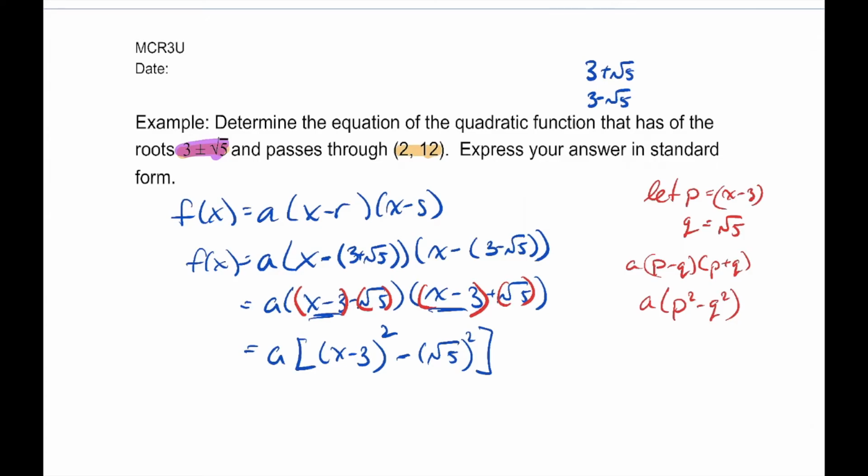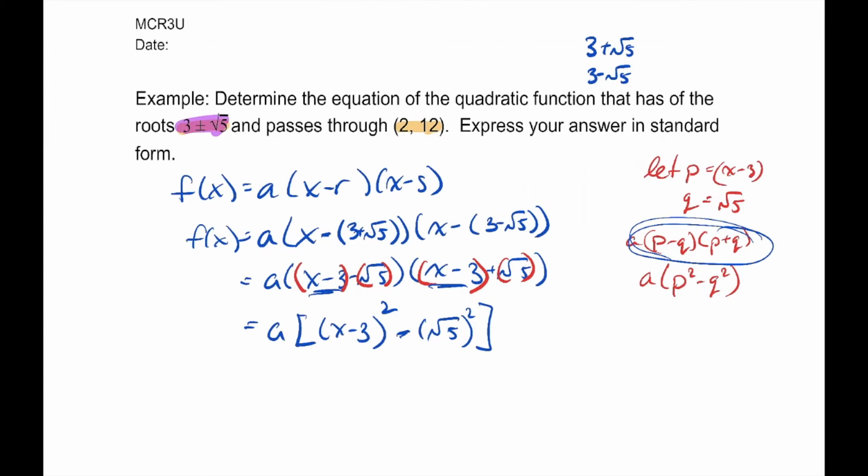Everything else disappears by this attribute of the difference of squares, and then finally we get minus root 5 quantity squared. So something really nice happens. I'll just focus on the negative root 5 first. Negative root 5 quantity squared is just 5.